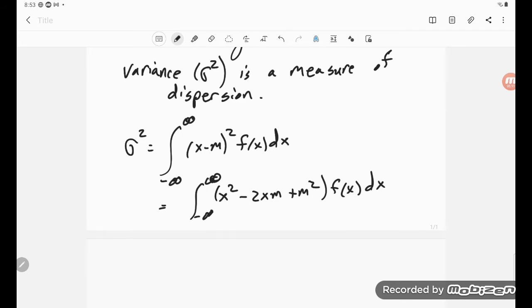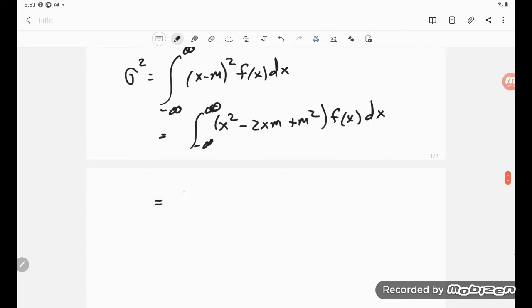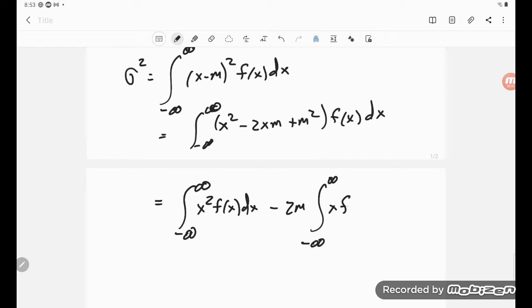And so that is equal to the integral from minus infinity to infinity. And if I break that up, I've got x squared f of x dx minus 2m integral from minus infinity to infinity of x f of x dx, and then plus m squared in my integral of f of x dx from minus infinity to infinity.